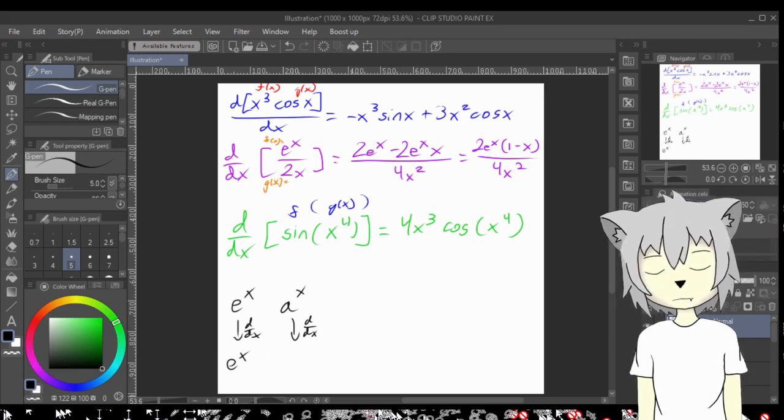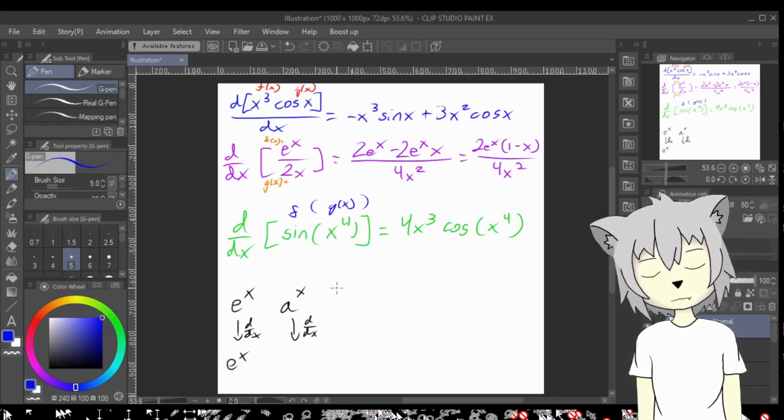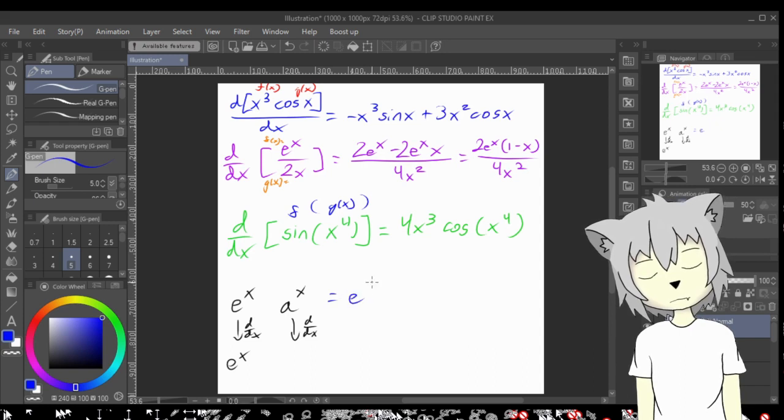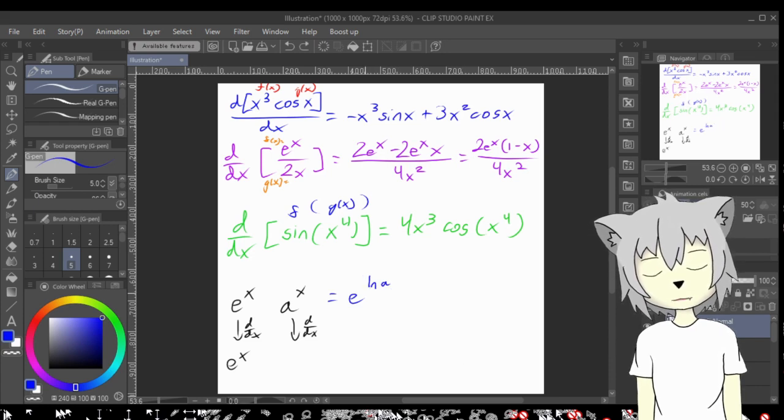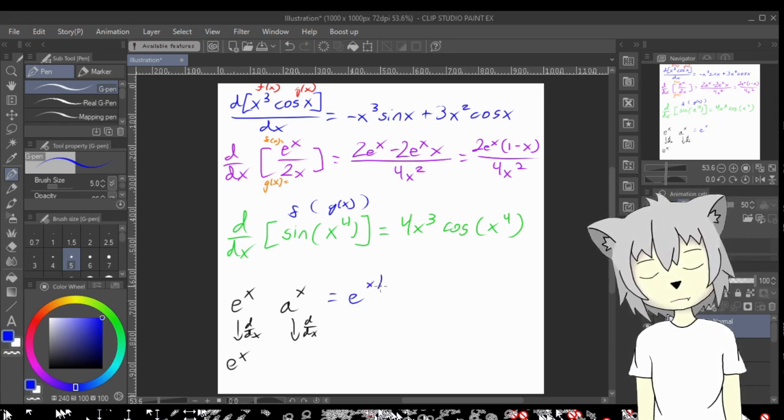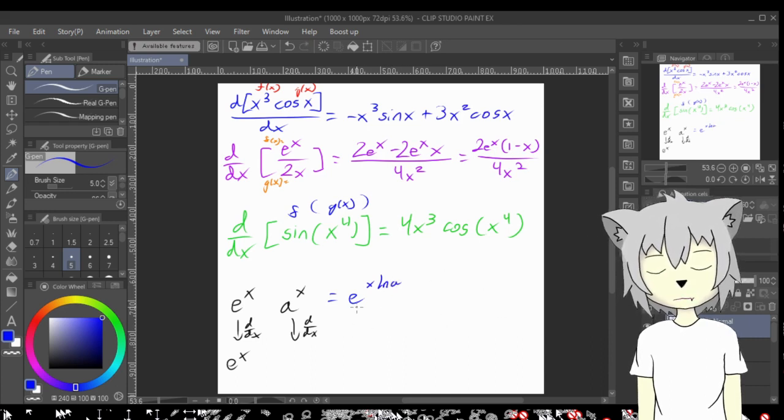But we can figure it out because we know about the chain rule now. a^x is basically equal to e^(ln a times x). Or we could just say e^(x ln a). That's sort of how I usually notate it.